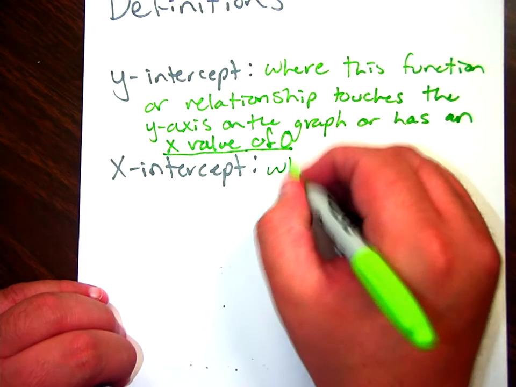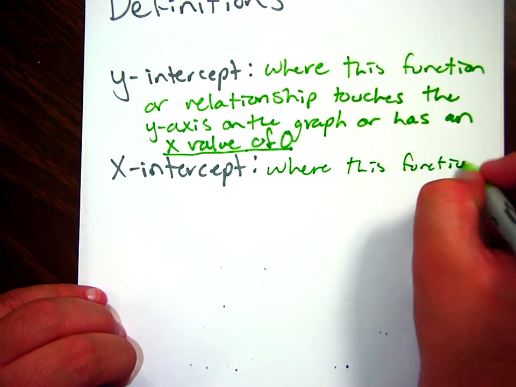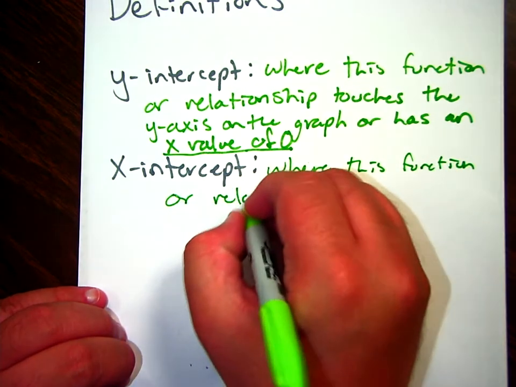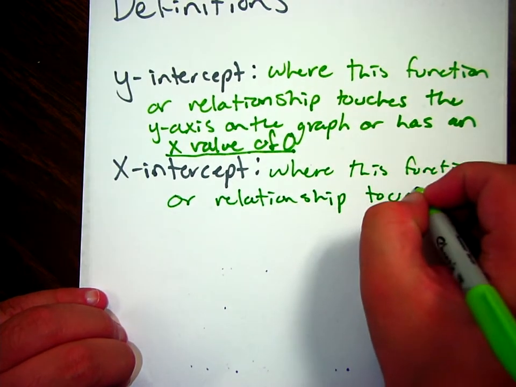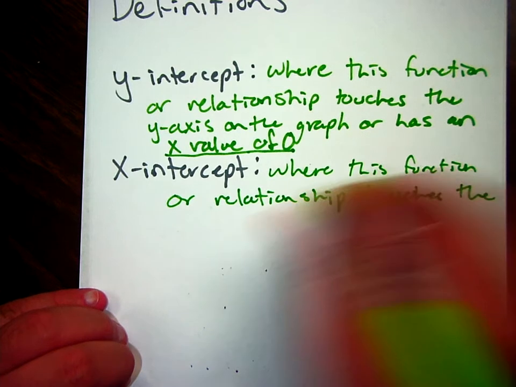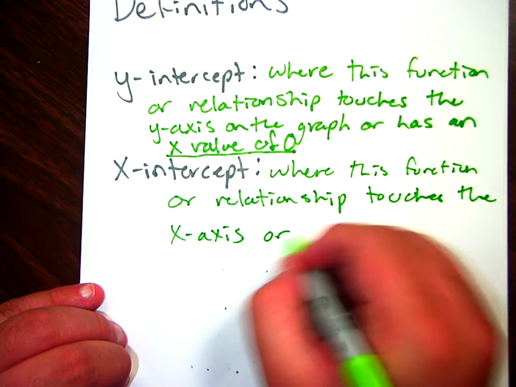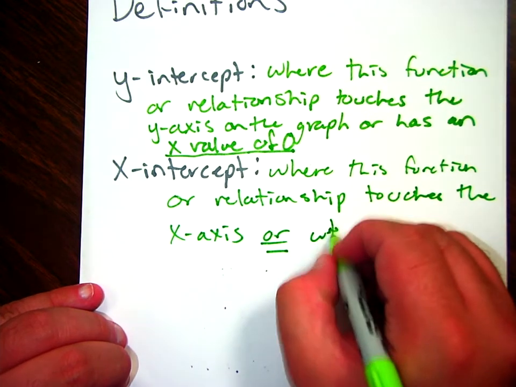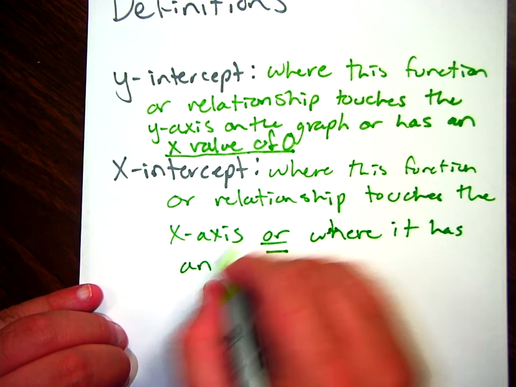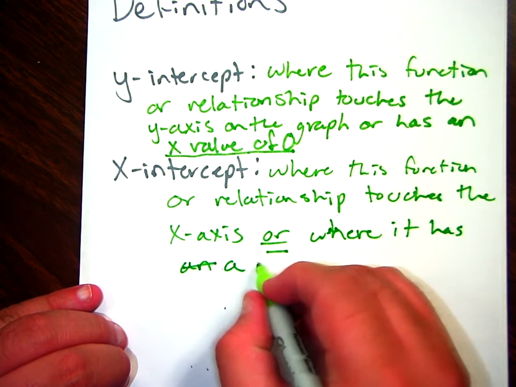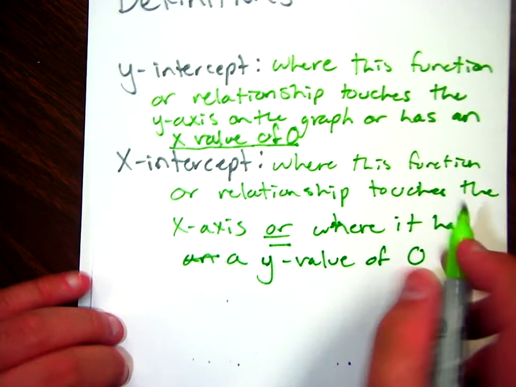Now, the x-intercept, you guessed it, is pretty much the same thing except all about the x-axis. So this is going to be where this function or relationship touches the x-axis, or where it has a y value of 0.